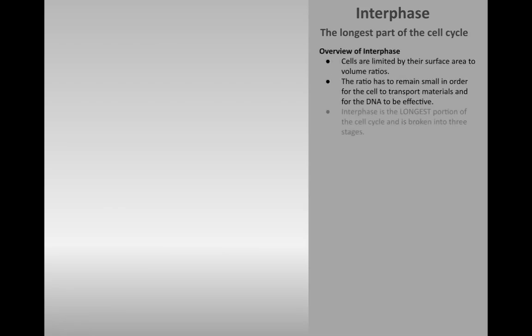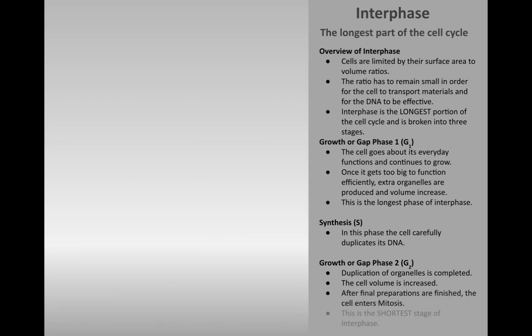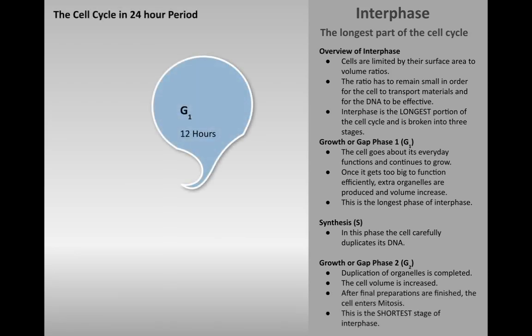So we're going to very quickly look at the cell cycle in all of its depth, and then we'll start applying it and making models of it. The longest part of the cell cycle is going to be interphase. And interphase is actually broken into three subphases that vary in length and of course in purpose.